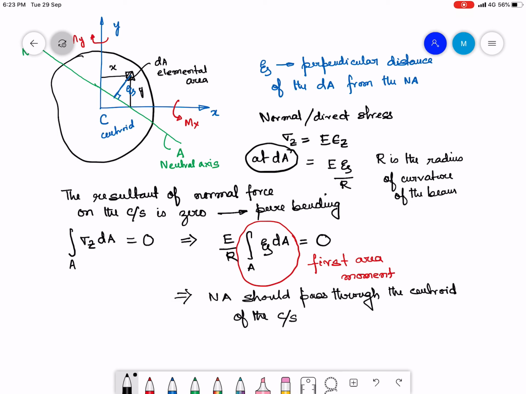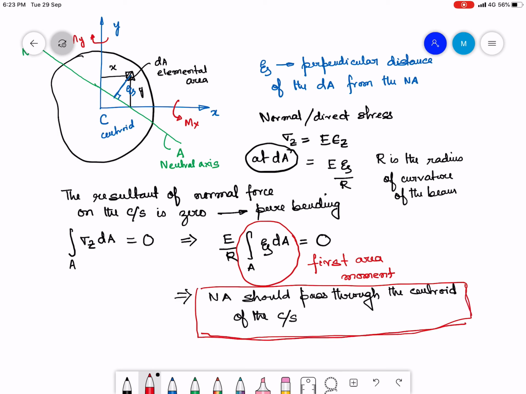This is the final takeaway from the entire analysis: the neutral axis of an arbitrary cross section under bidirectional bending is always going to pass through the centroid. In the next lecture, we will find the expression of the normal stress sigma z in terms of the applied moments Mx and My.